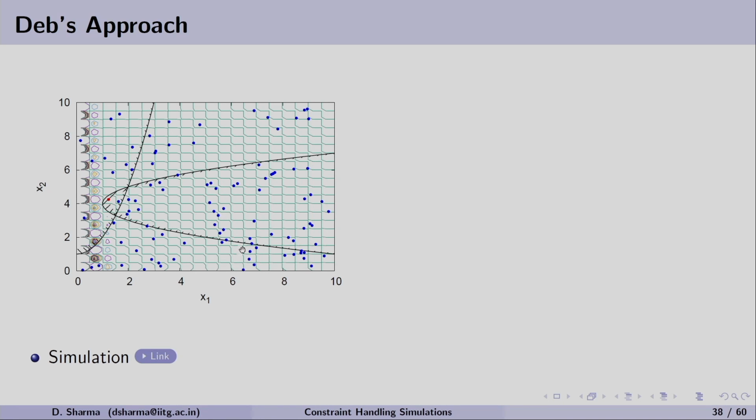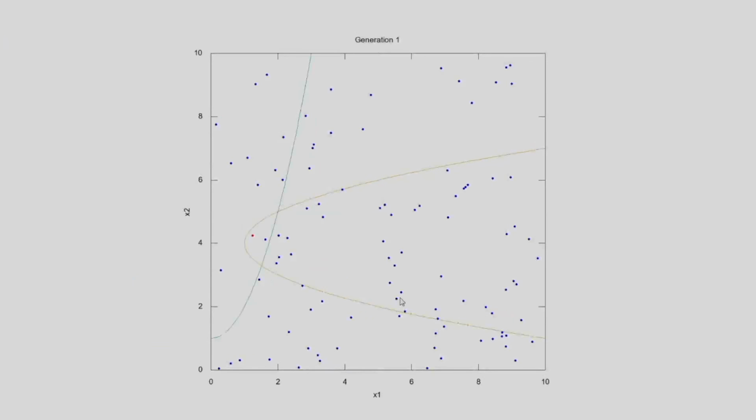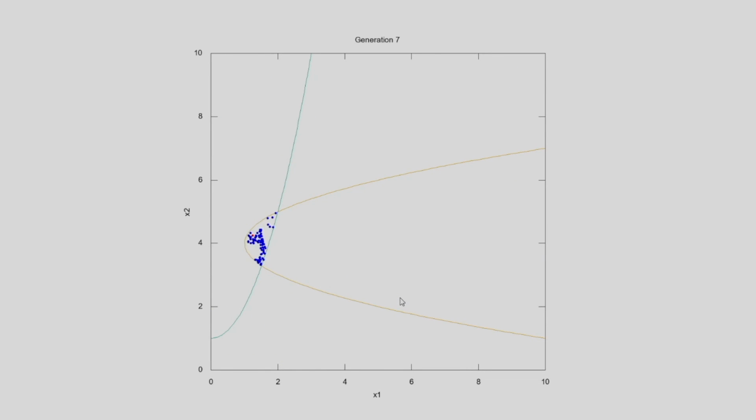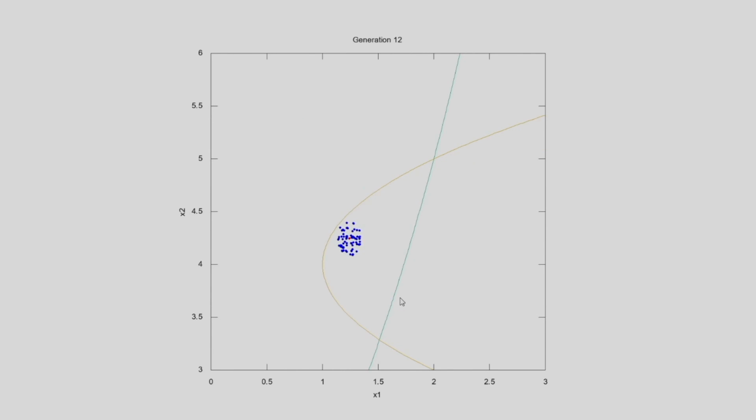We are starting with the same set of solutions, and let us see how these solutions are converging to the optimum point. Now, here as you can see, the solutions have converged in less than 10 generations. Now, all these solutions are again converging to the global optimum solution.